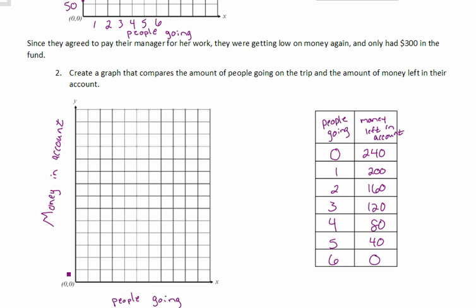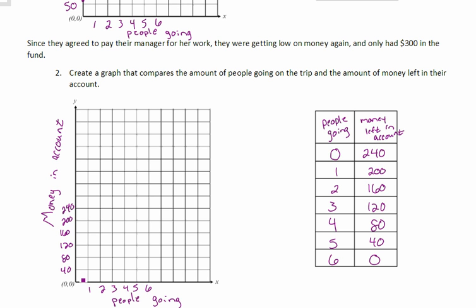Let's see if we can make it now if we go by 40s. Yeah, maybe we could have went by 2s, but this is okay for now. People going, we have 1, 2, 3, 4, 5, and 6.